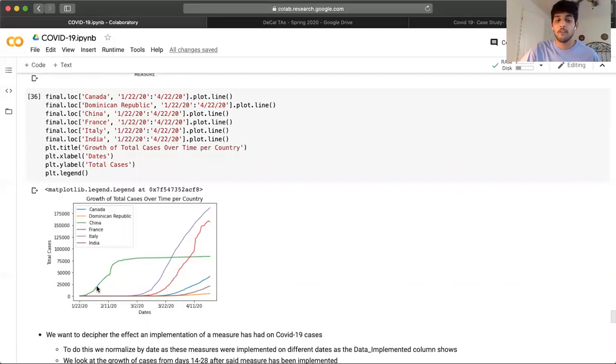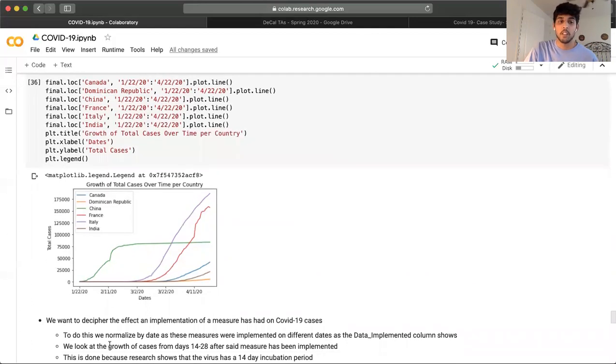So a line graph would be perfect to represent how the total number of cases has increased or decreased for each country throughout this time period. So that's basically what this shows, from January 22nd to the end, which would be April 22nd. We have these lines depicting the total number of cases for each country.